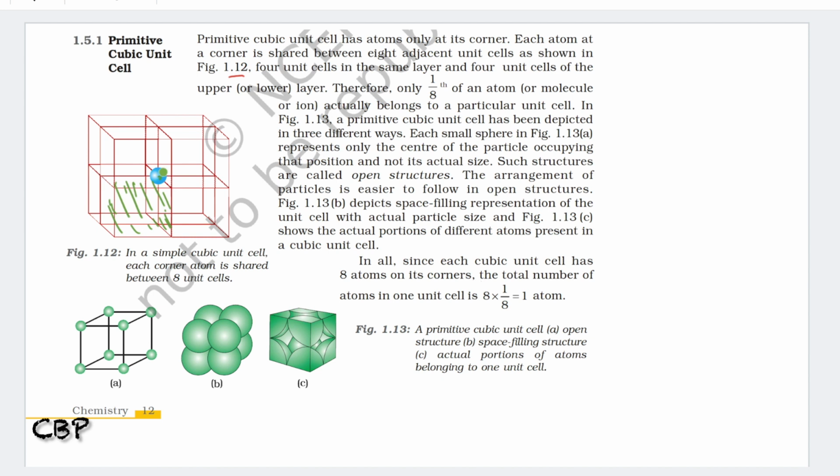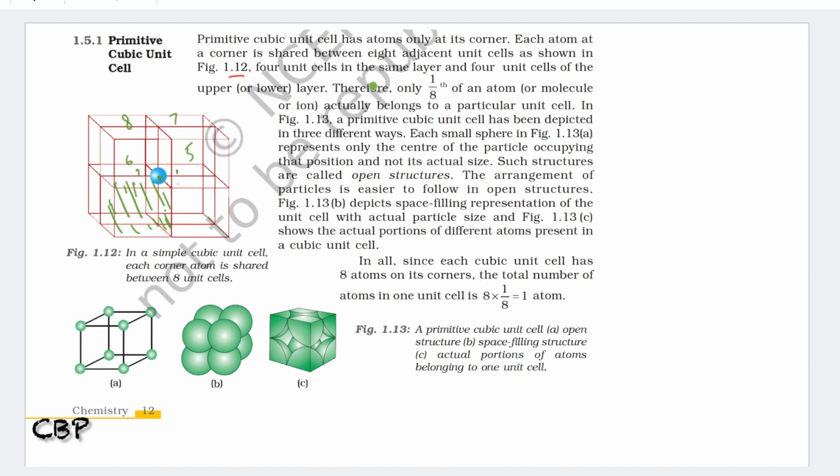Now what is its contribution, that is, by how many unit cells is this one atom shared? It is shared by this unit cell, the second unit cell, the third unit cell, and the fourth unit cell. It is also shared by the unit cells above, 4 below and 4 above. 1, 2, 3, 4 we already counted. Now this one is 5, 6, this one is 7, and this one is 8.